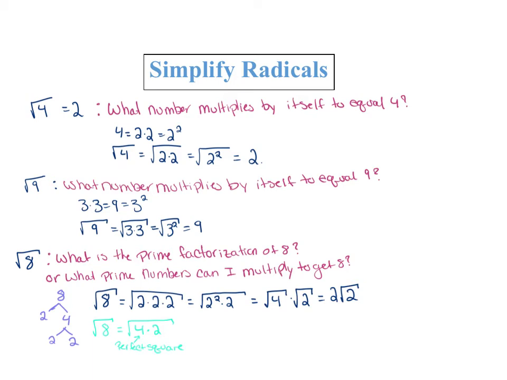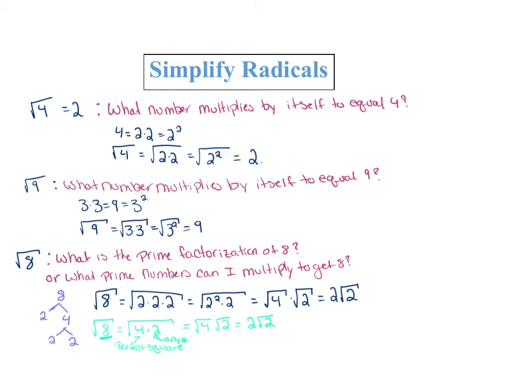So 4 is the highest perfect square that we can multiply by a number to get 8, because then once you have a perfect square under the square root, you have the square root of 4 times the square root of 2, which is equal to 2 radical 2. So if you know that you have a perfect square being multiplied by a number in order to get the number in question, in this case it was 8, then you can go ahead and simplify that way.